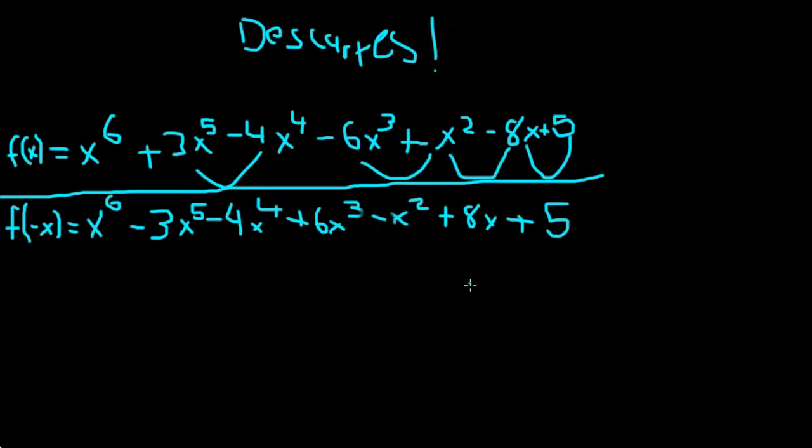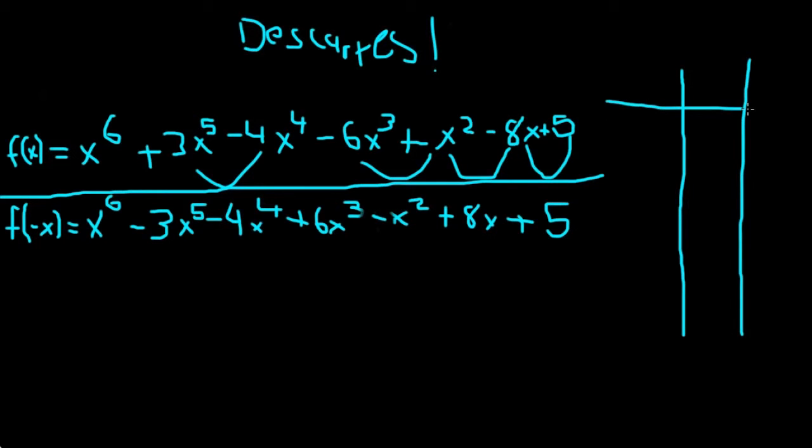So now we're going to have a big chart over here. 3 columns. And this is the fun part. So we're going to list: positive, negative, imaginary.